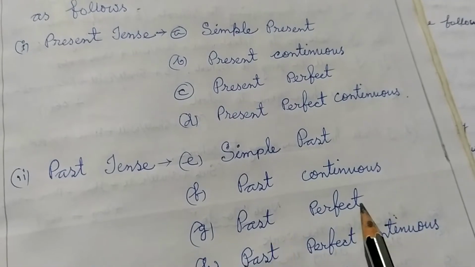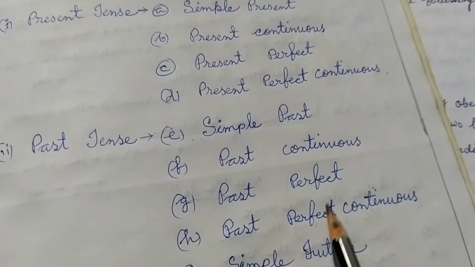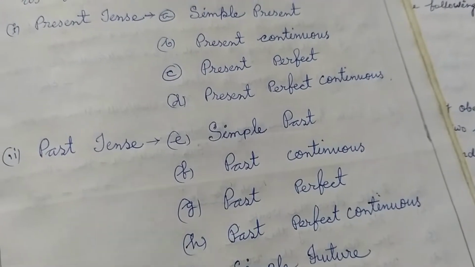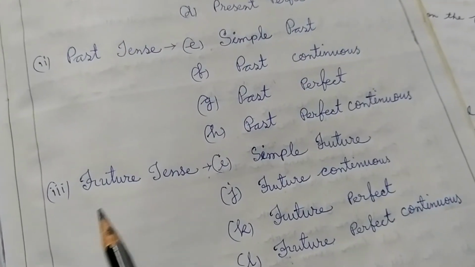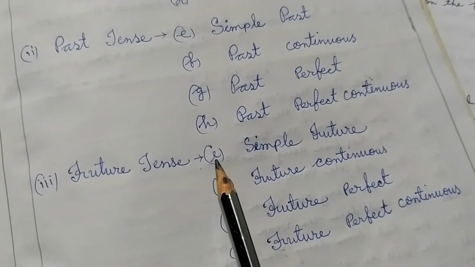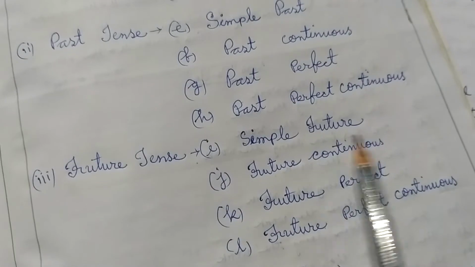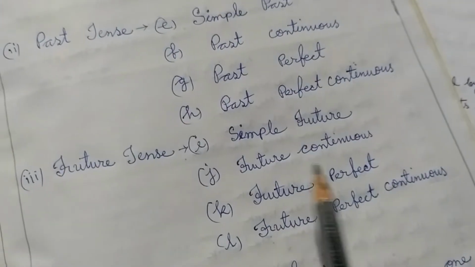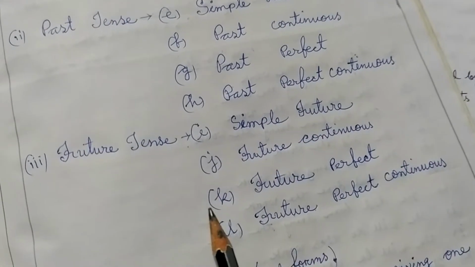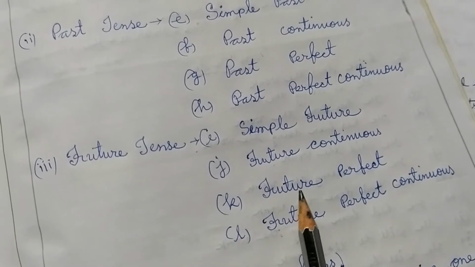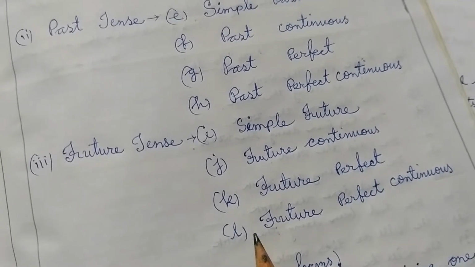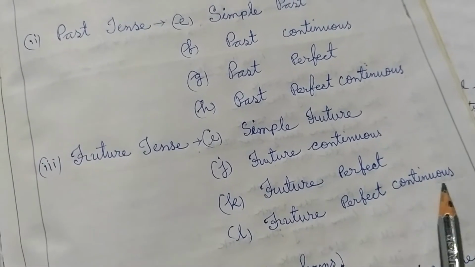G subnumber, past perfect. H subnumber, past perfect continuous. Next, number 3, future tense. I subnumber, simple future. J subnumber, future continuous. K subnumber, future perfect. L subnumber, future perfect continuous.